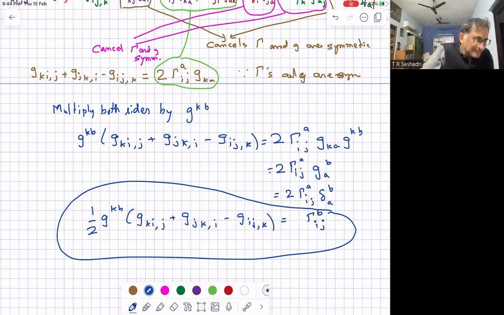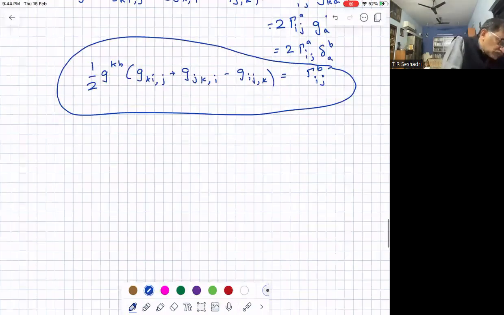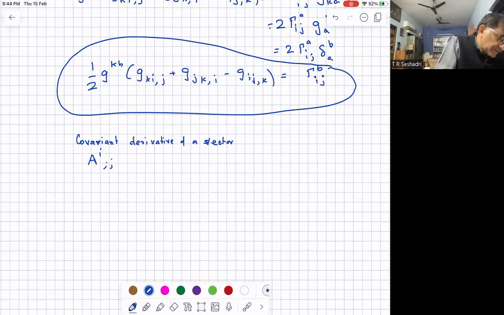Okay? So it means that now suppose I want to find the covariant derivative, say, of a scalar. Derivative of a vector. So suppose I have A_{i,j}. What do I do? I first of all find the g_{ij}'s there and I get g_{ij,k}'s.